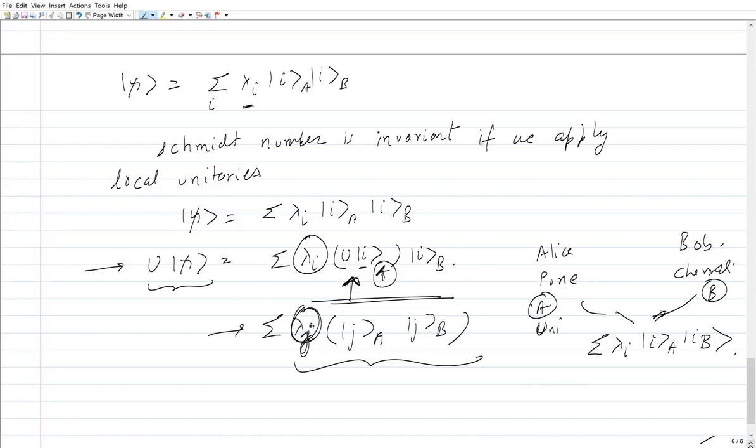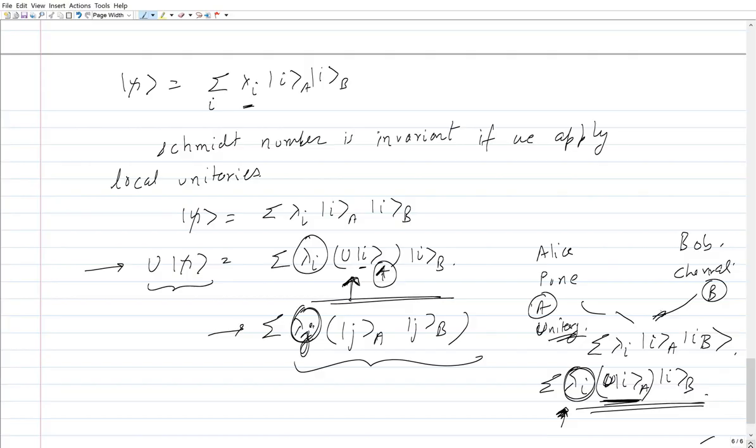And the state changes, but the Schmidt number of the state doesn't change. Lambda would remain the same. I'll have the same number of non-zero Schmidt elements. I'll just relabel my basis over here. So local unitaries won't change the Schmidt number of a state.